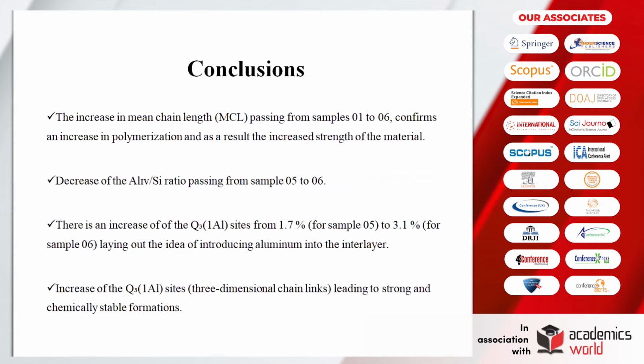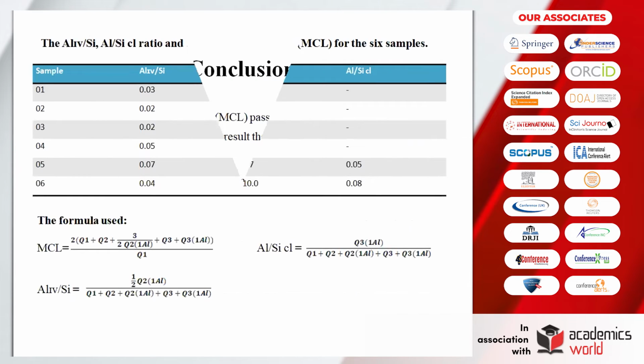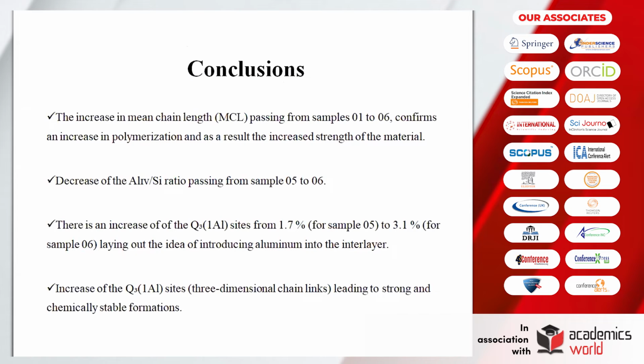Here I have presented the conclusion that I shortly explained before. The increase in mean chain length passing from sample 01 to 06 confirms an increase in polymerization and, as a result, an increase in the strength of the material. I see in my table that I have a decrease of the 4-coordinated aluminum to silicium ratio passing from sample 05 to 06.